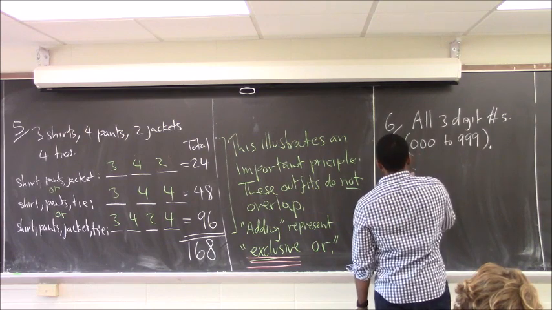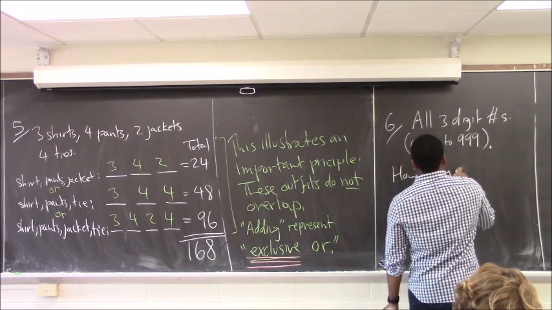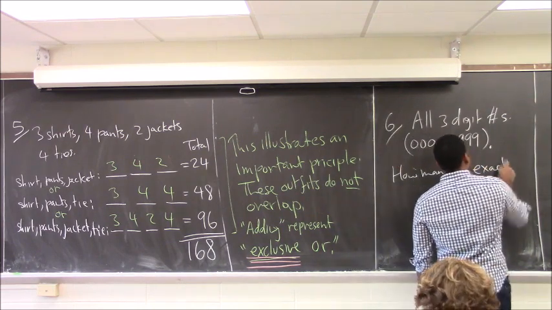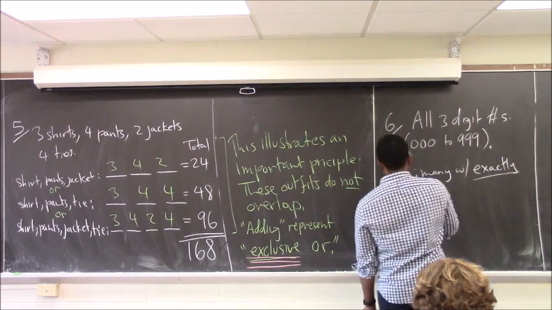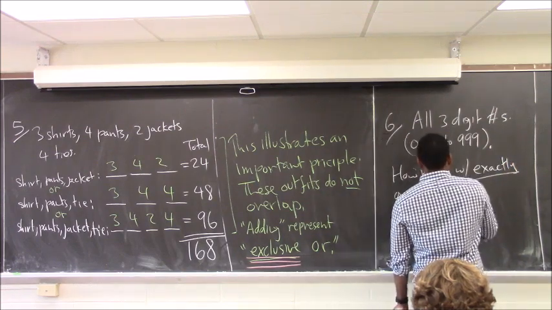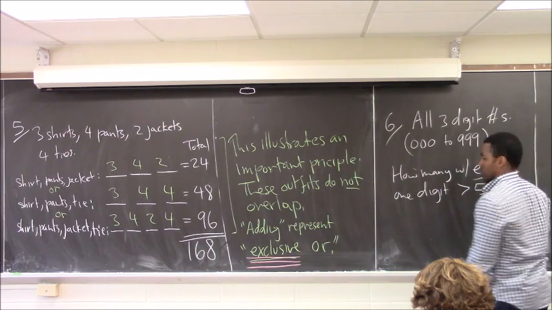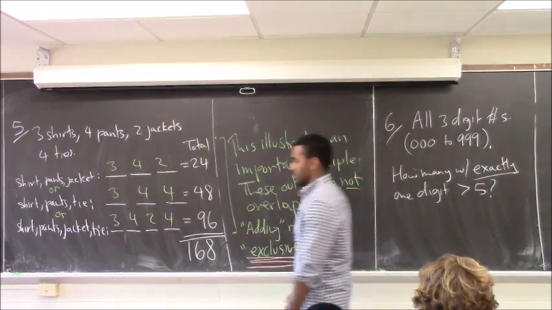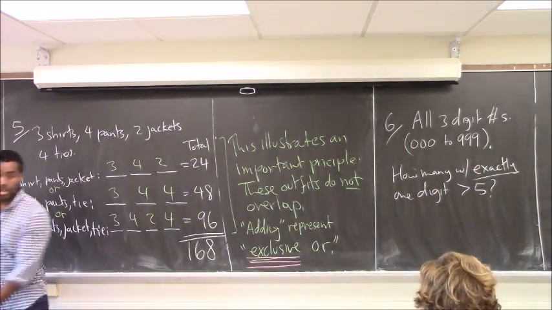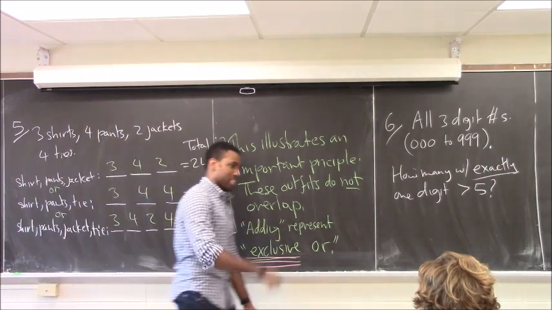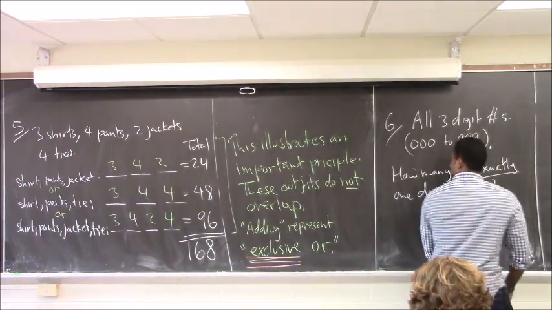How many with exactly 1 digit greater than 5? I'd like you to figure that out without literally listing all the possibilities.